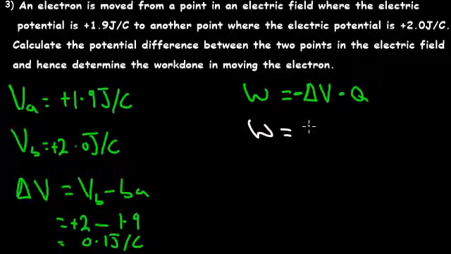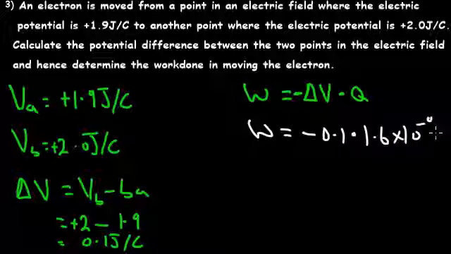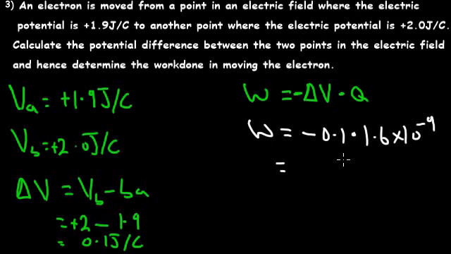So that would be negative 0.1 times the magnitude of the electron charge, which is 1.6 times 10 to the power of negative 19. And if we do this math, 0.1 times 1.6, we have 0.16, which is the same as negative 1.6 times 10 to the power of negative 10.